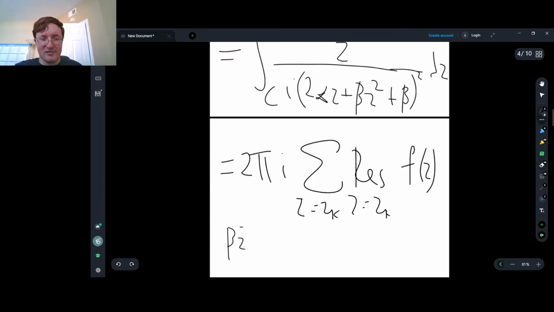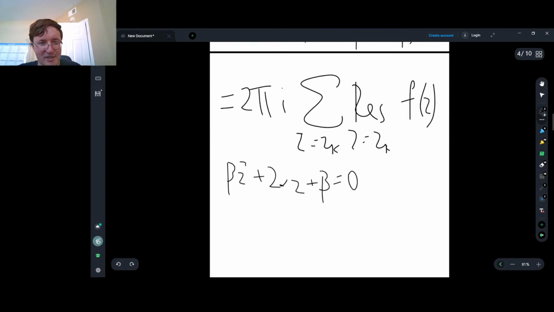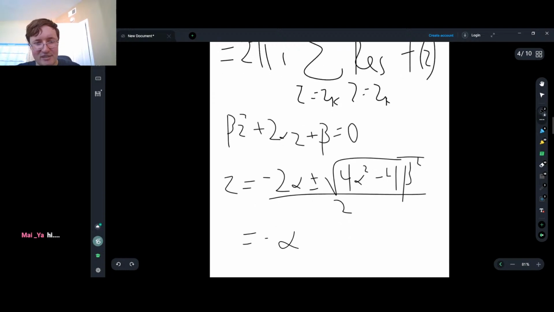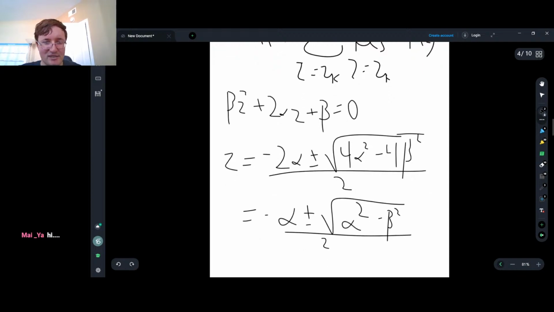So beta z squared plus 2 alpha z plus beta is 0. So z equals minus 2 alpha plus or minus root 4 alpha squared minus 4 beta squared, all over 2. So that's minus alpha plus or minus root alpha squared minus beta squared. There's no 2, that goes away.